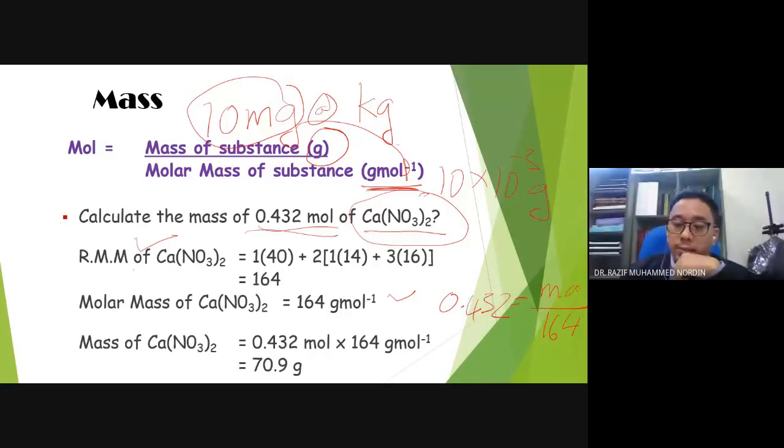Ini hanya matematik saja. Or you can rearrange ini, dia become like this.